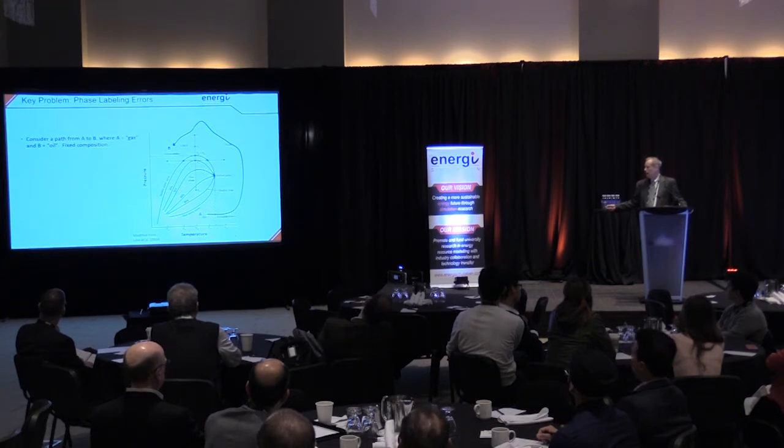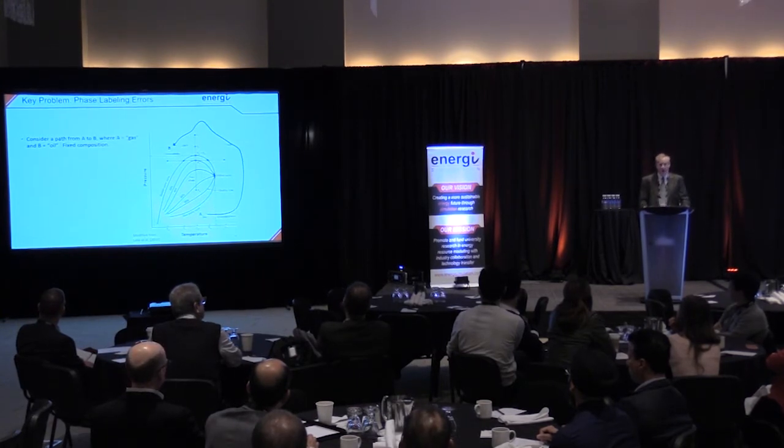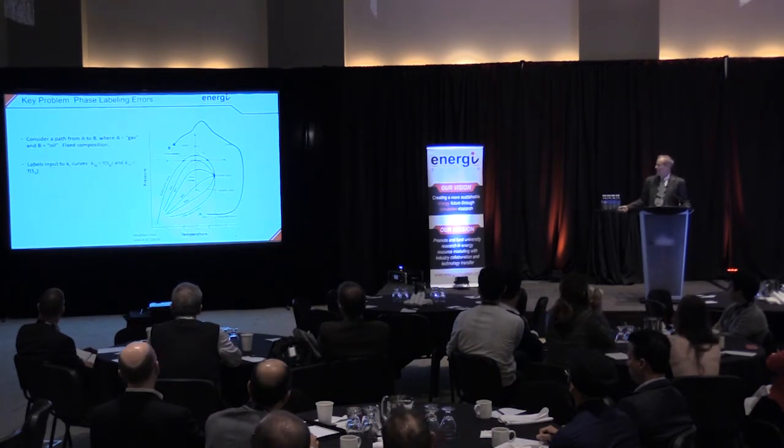And so if we start here and then we have some path where we move like so, and we go on the outside here, all of this is single phase, single phase, single phase, and then we get to oil. So where did it change to oil in that path? Somewhere it has to actually change. And that causes us a lot of problems.